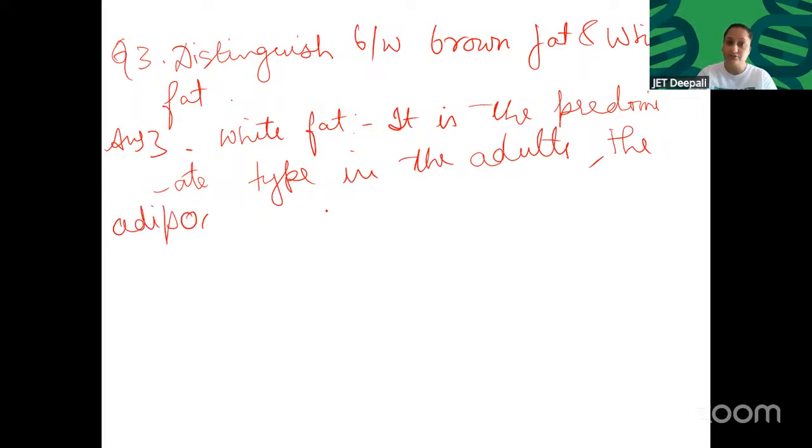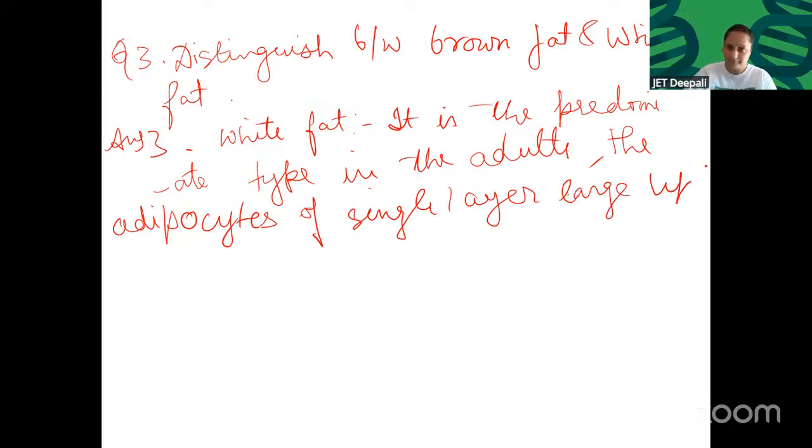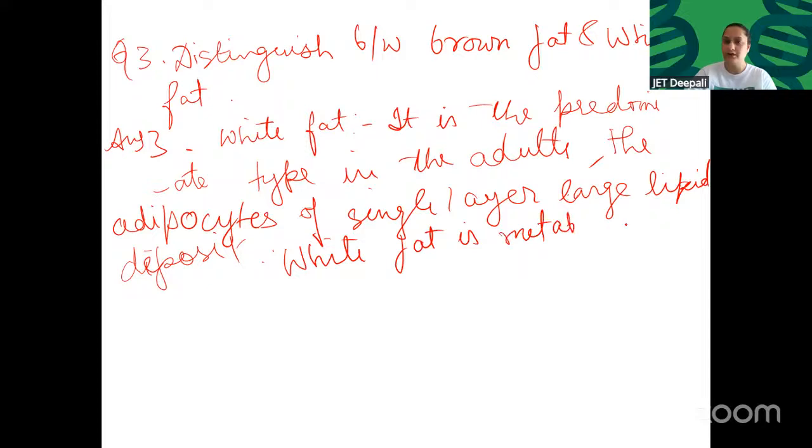Adipocytes are fat cells, okay? The adipocytes of single layer, large lipid deposit. Okay, lipid deposit. Clear? White fat is metabolically not active.